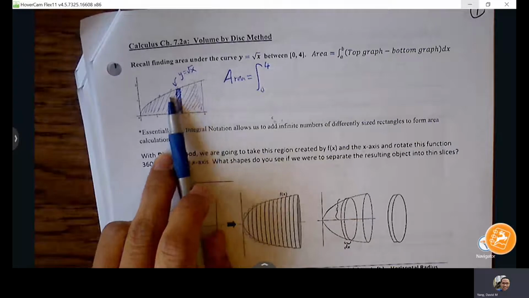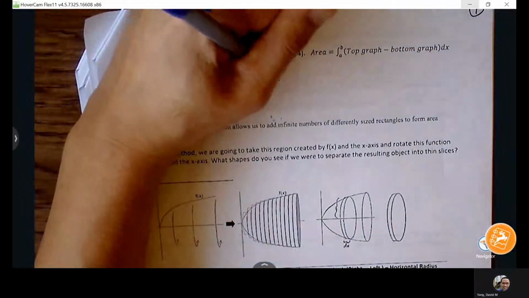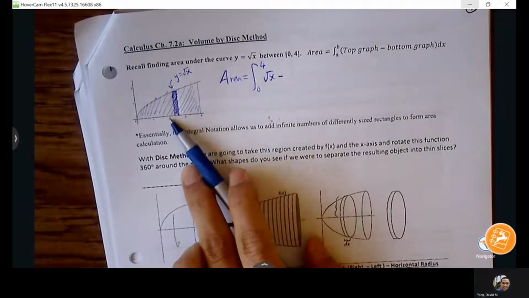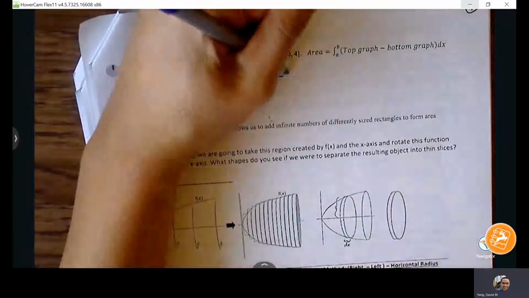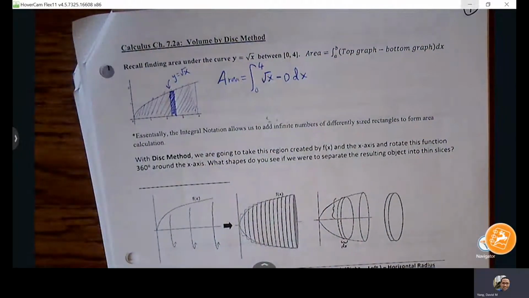It's touching the curve, right? So we know that's the top graph, the root x. Top minus bottom. What is the bottom of the rectangle touching? 0, the y equals 0. Okay, you don't have to put that 0 there on the test, I just want to do this for demonstration purposes for now.